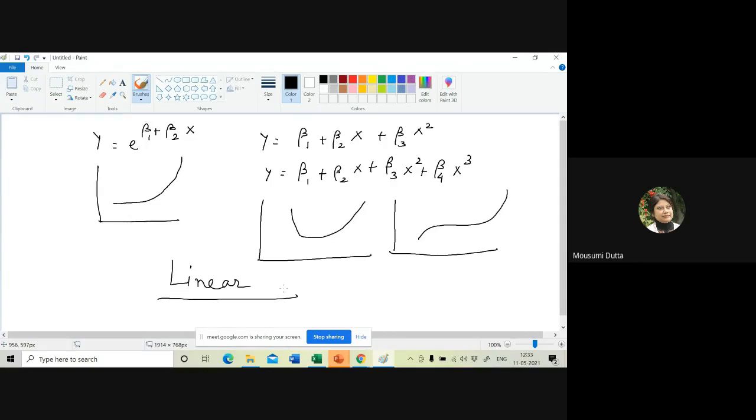Given data on y and x, explain how you will estimate the parameters of the following equations by using the ordinary least squares method. Specify the assumptions you make about the errors. Assumption about the error means when you take a multiplicative error and when you take an additive error, all these kinds of assumptions. Do you see question number 20? Yes, ma'am.